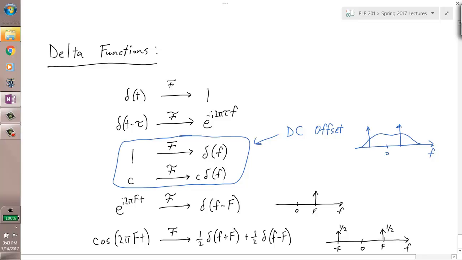And if you have one of those delta functions sitting at 0, that means you have an offset, that your entire signal is lifted by whatever that amount is, c. On that delta function, the whole signal is lifted by c. It's not centered at 0 anymore. It's centered above 0, whatever the value of c is.